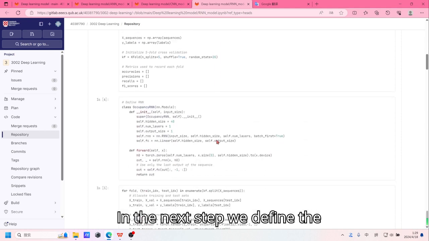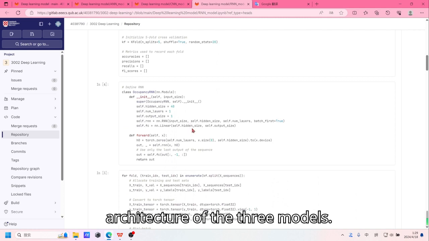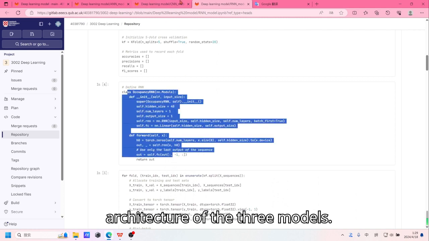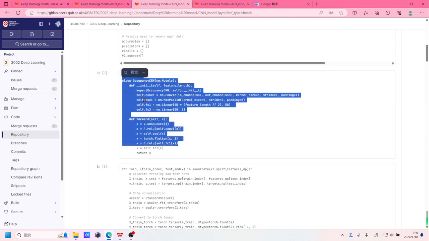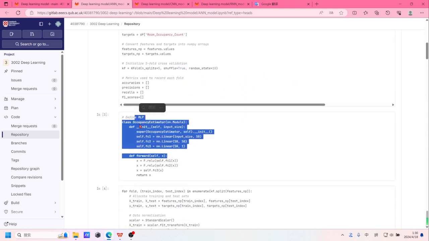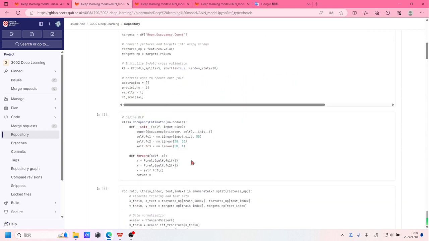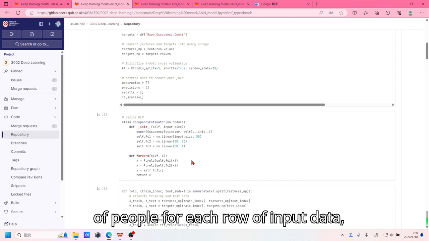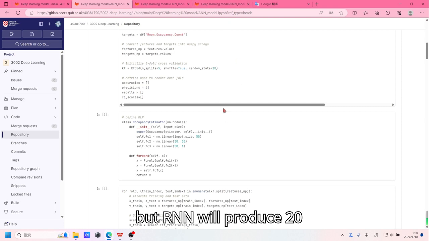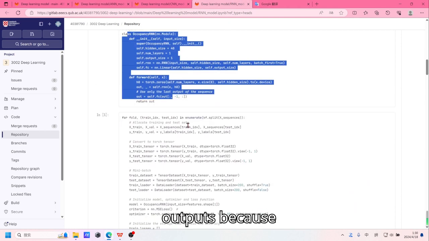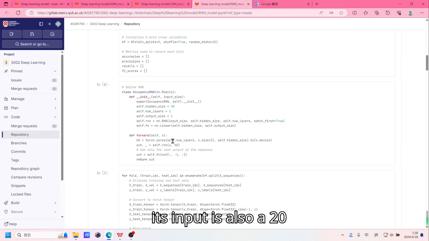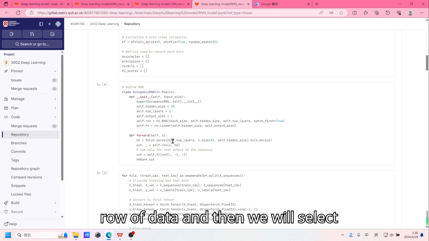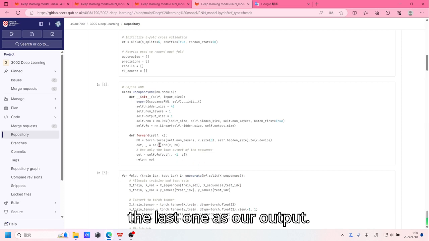In the next step, we define the architecture of the three models. All three models will calculate a number of people for each row of input data, but the RNN will produce 20 outputs because its input is also 20 lines of data, and then we select the last line as our output.